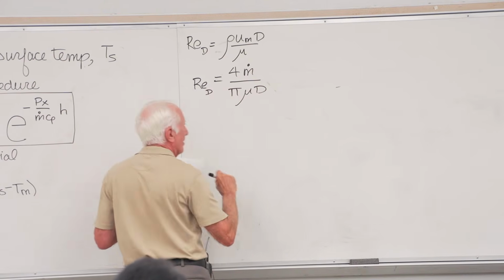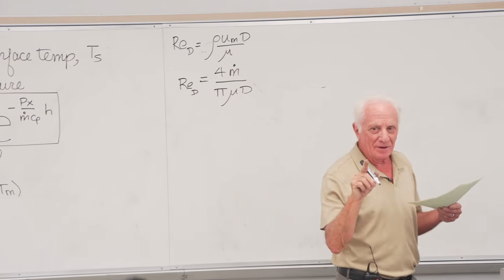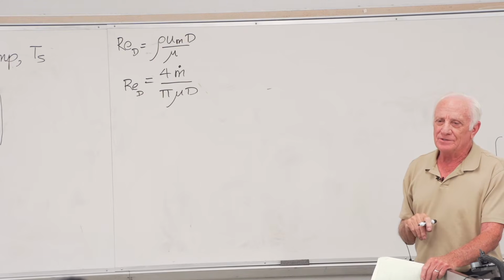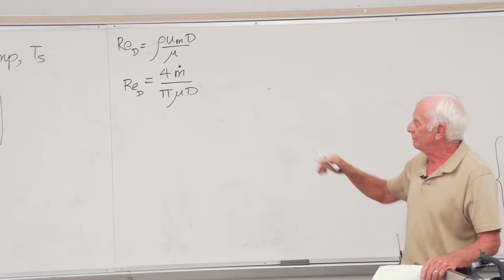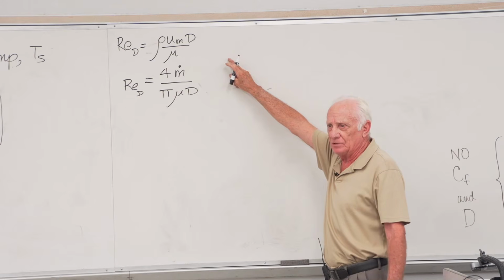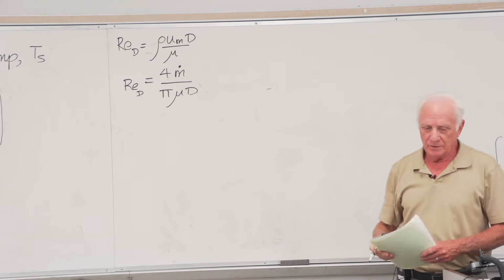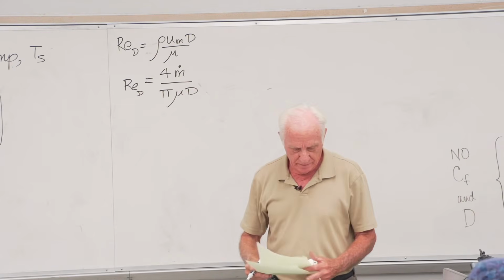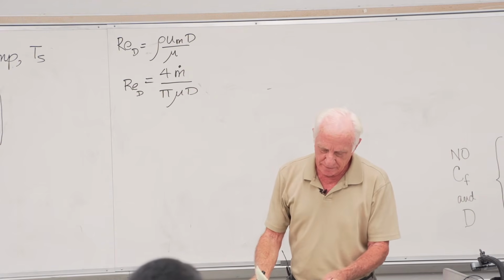You check out the homework. Every homework problem gives you the mass flow rate. Don't waste your time converting that to a velocity to put in the top equation. That's a waste of valuable time on a midterm. Use that equation to find out what the Reynolds number is.